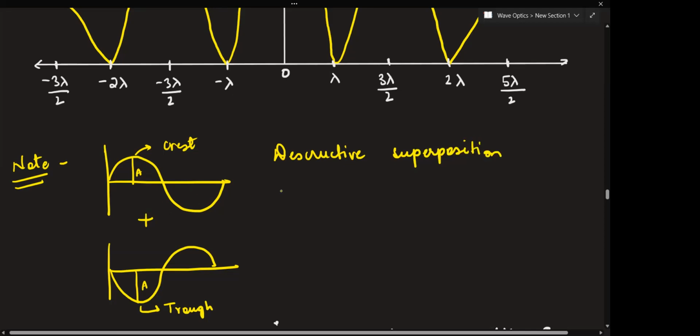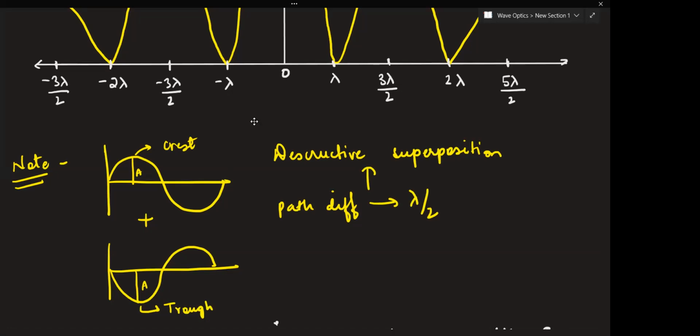If the path difference is lambda by 2, and you ever see that the path difference is lambda by 2, just remember that it is destructive superposition. So this is just a very basic concept.